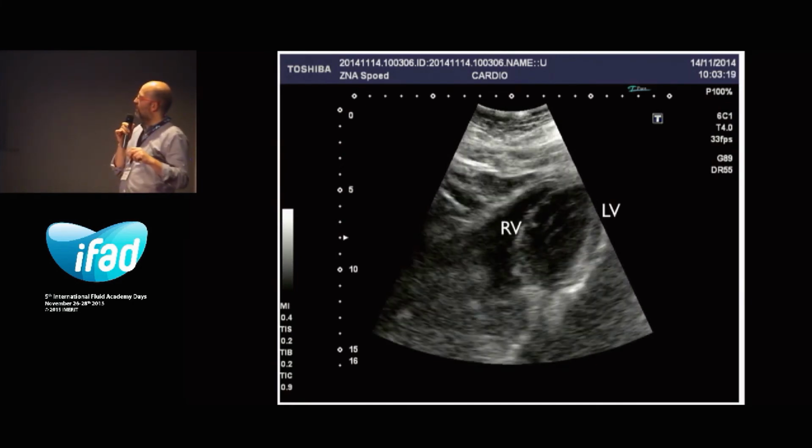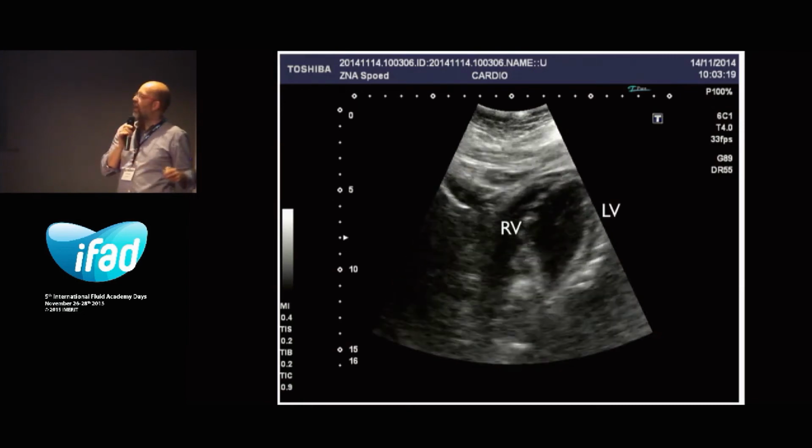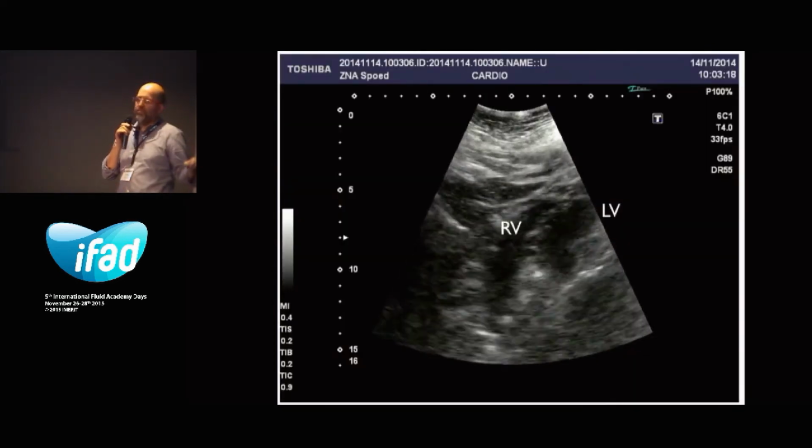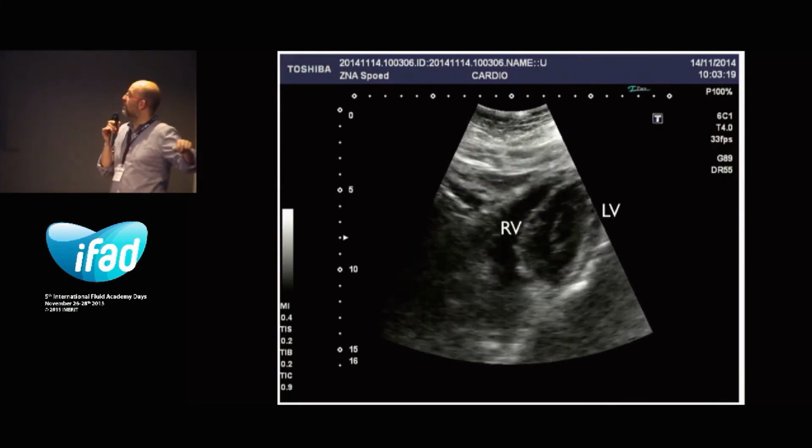Left ventricle is empty, right ventricle is empty. I do not need these fluids. They are not transporting oxygen. They are not making coagulation. If you have this kind of empty-hearted problems in shock and bleeding, you give blood and not all the other fluids.